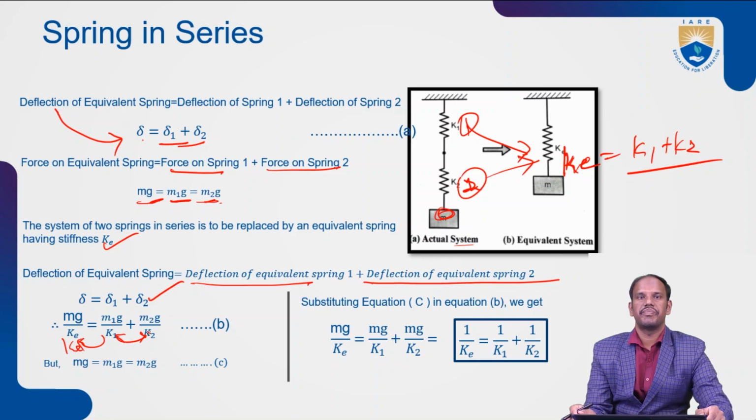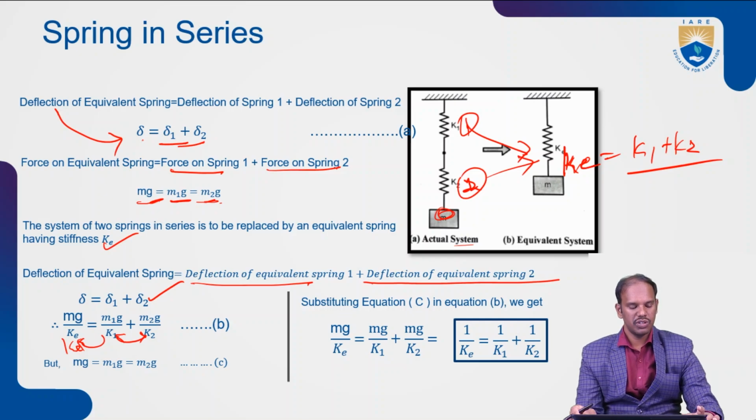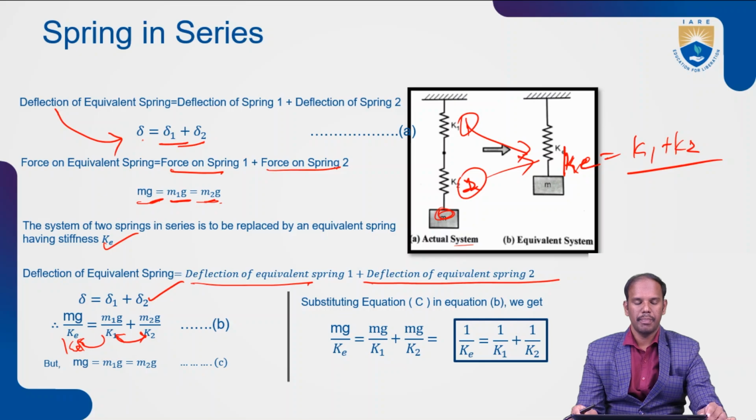You can check this. The masses are the same, but the spring constants are different. So the spring constants we have taken in terms of equivalents. Here mg equals mg1 equals mg2, the same. The masses are the same, but only the spring constants are varying.